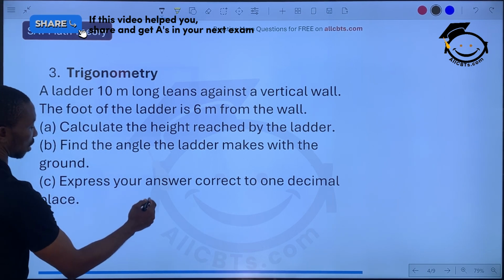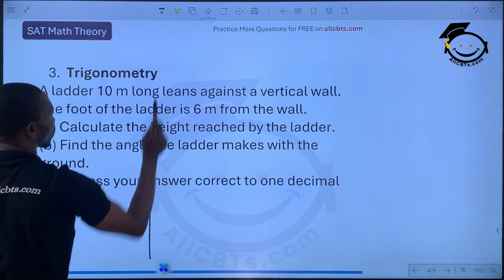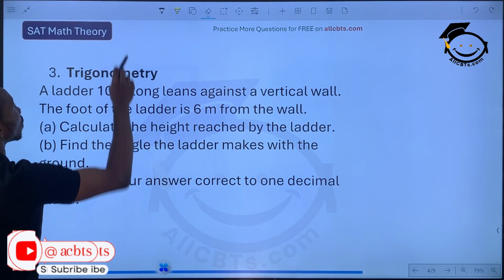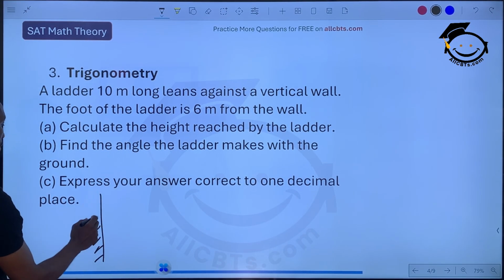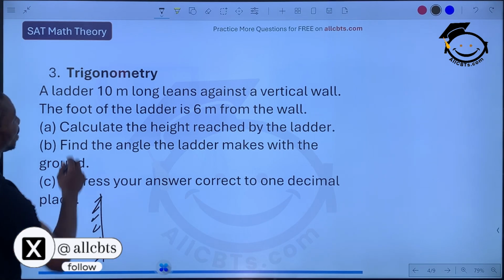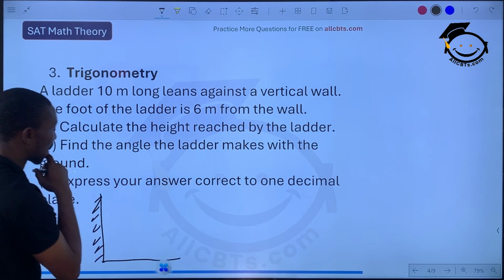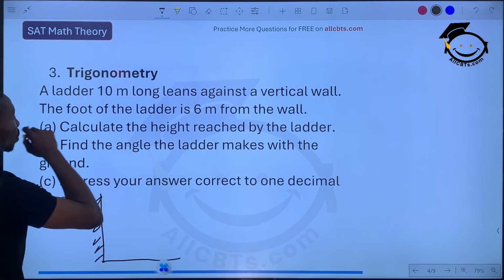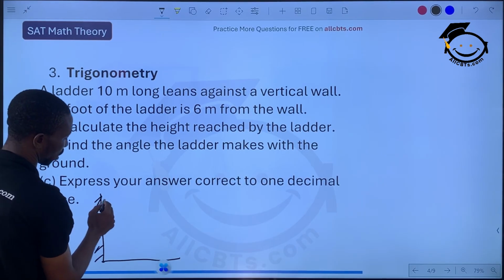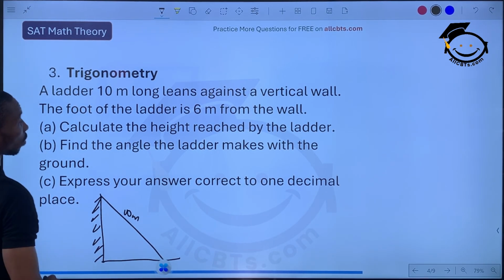Let's assume this is a wall. Alright, a ladder is 10 meters long and this is the ground. A ladder 10 meters long leans against a vertical wall, so this is a ladder which is 10 meters long.